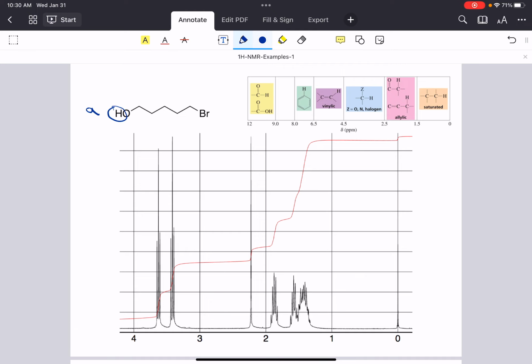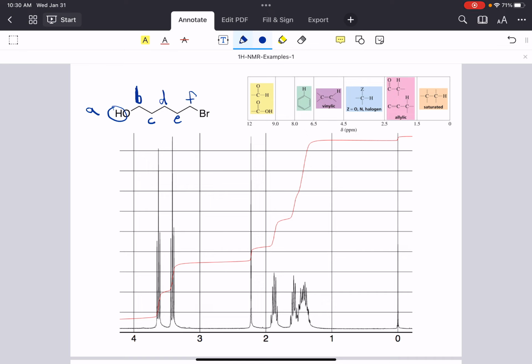That should be A. And we have the CH2 that holds the alcohol, B. Another CH2, C, which is different than this CH2, D, CH2 E, and CH2 F. So we have a whole bunch of CH2s in this system that we have to nail down. But thankfully we can rely on splitting patterns here to think about what each should look like.